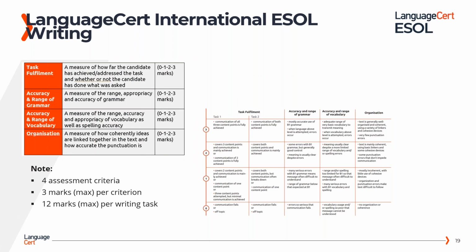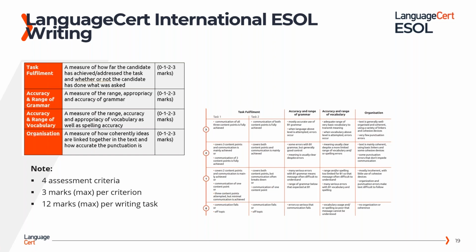Let's now focus on the assessment criteria and how candidates are marked and graded. The assessor uses 4 assessment criteria to evaluate the candidate's written response. The first criterion, task fulfillment, a measure of how the candidate has addressed the task and whether or not the candidate has done what was asked.